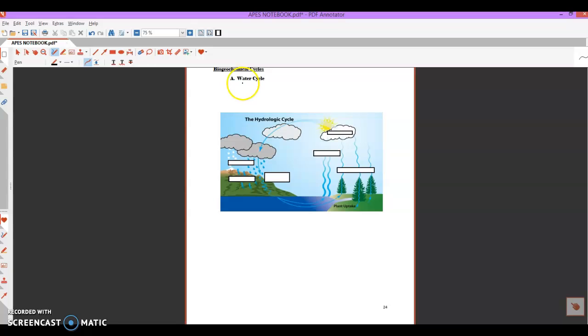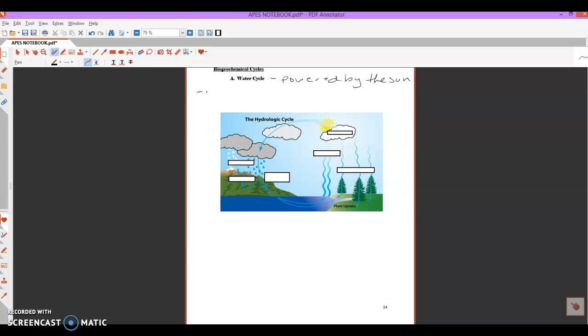All right. So the number one thing that we need to understand about the water cycle is that it is powered by the sun. So we know that water behaves in very specific ways when it heats up and when it cools off, and that is going to be controlled by the sun. Now, water, as we're going to see, is going to move through all of the phases that you guys have learned about before.